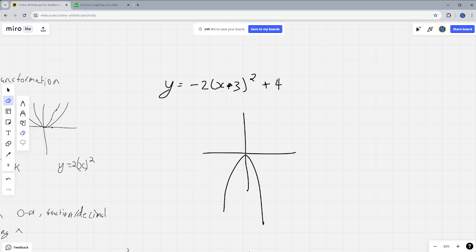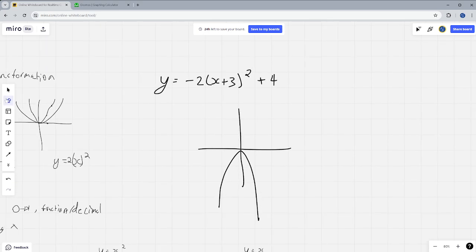Then we have plus 3, and remember, inside the brackets we do the opposite. So now we have to move it 3 units left. We grab it and go 1, 2, 3 units to the left. And then lastly, our k value is plus 4, so we're going to move it 4 units up. 1, 2, 3, 4, somewhere over here.